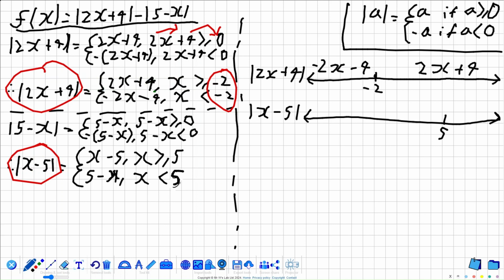And then we'll do the same for the next one. So below 5 is 5 minus x. And then above 5 is x minus 5. And now what I'm going to do is draw some dotted lines along there. Hopefully it doesn't get in the way too much. And what we can do is create a final 3-lined function for this.